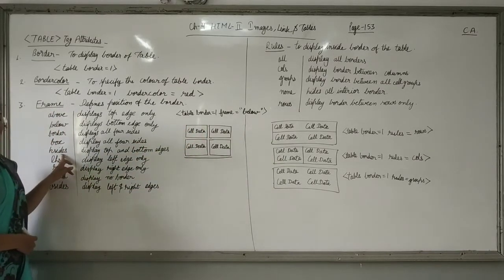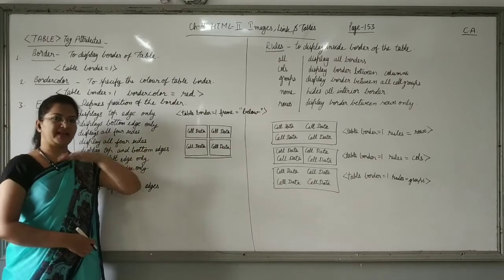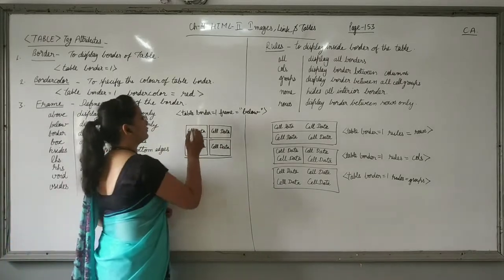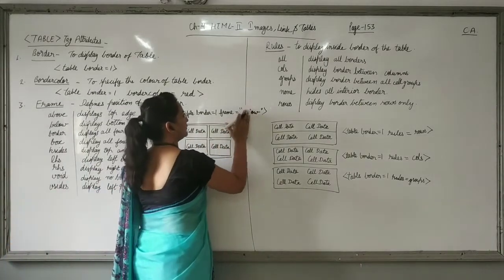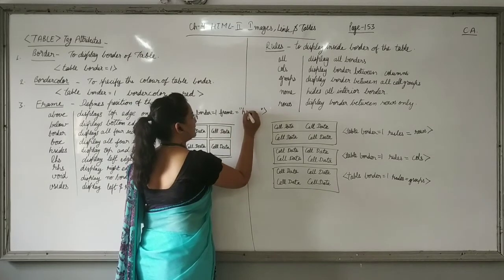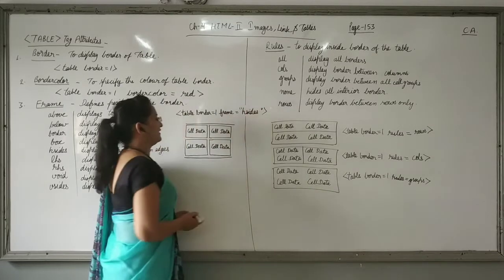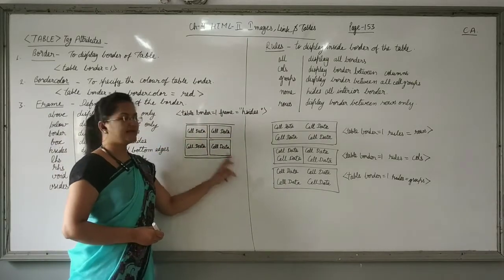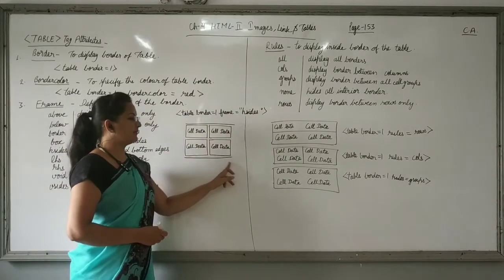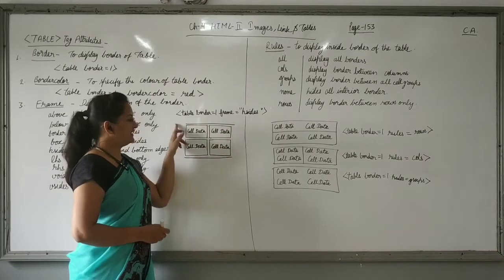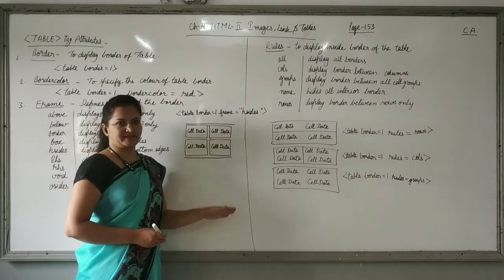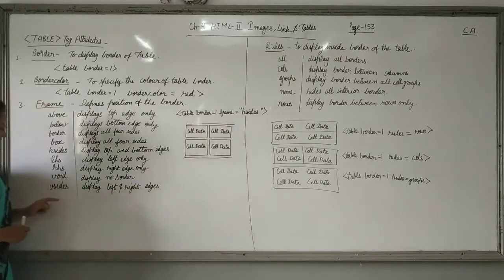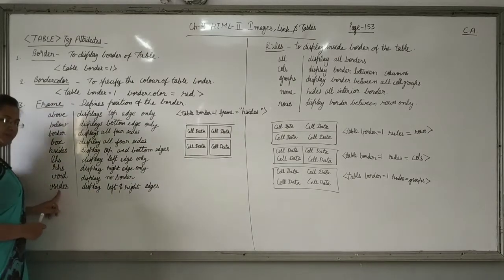Edge sides means horizontal sides. You know very well we have two horizontal sides. For edge sides we have two horizontal lines, above and below. Left and right are vertical sides, so for vertical sides we will use vsides.